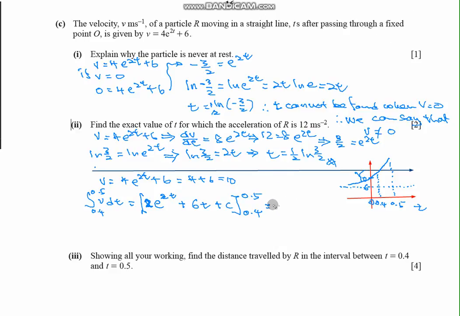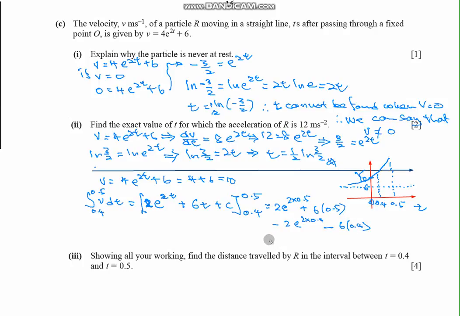Now, to obtain this value, it is 2e to the power of 2 times 0.5, plus 6 times 0.5, minus 2 times e to the power of 2 times 0.4, minus 6 times 0.4.